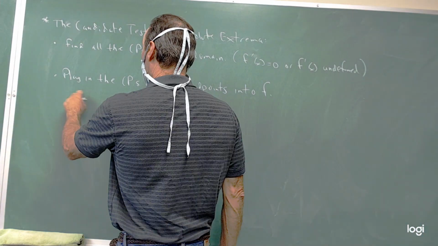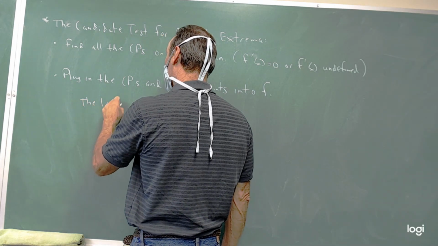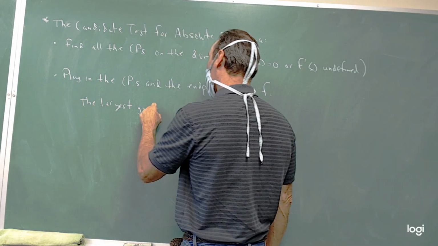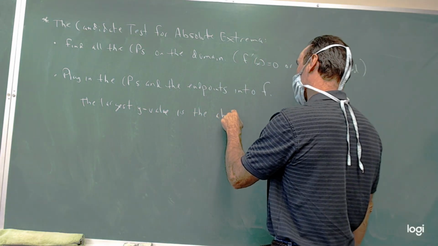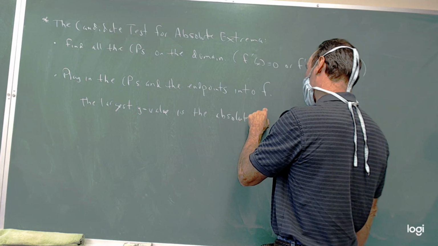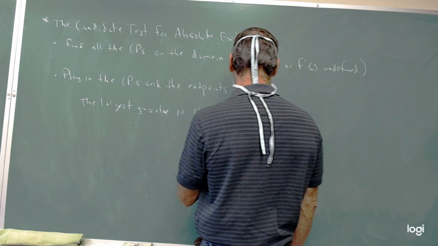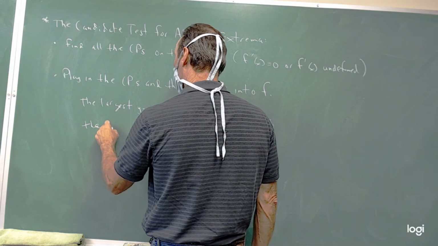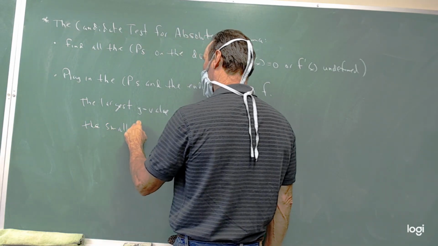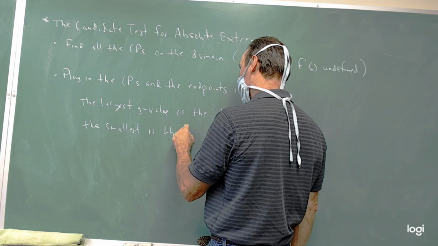So the largest y value is the absolute max, and the smallest is the absolute min.